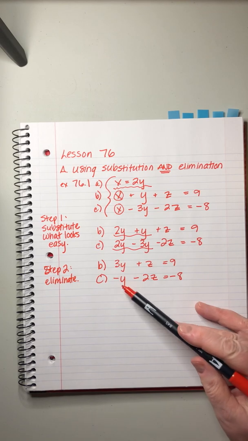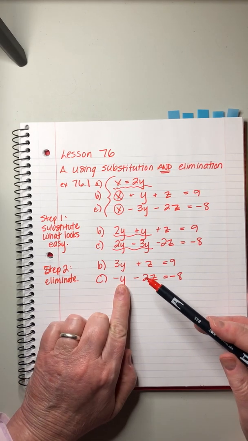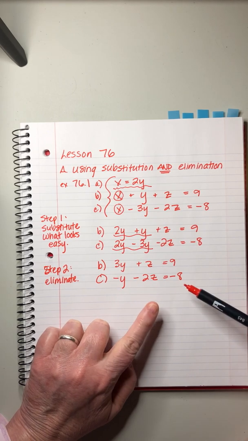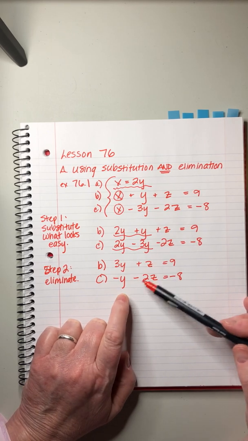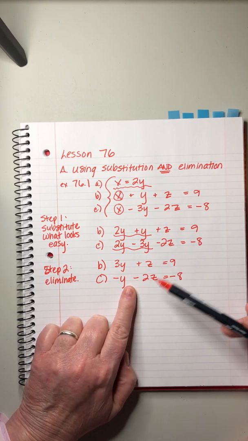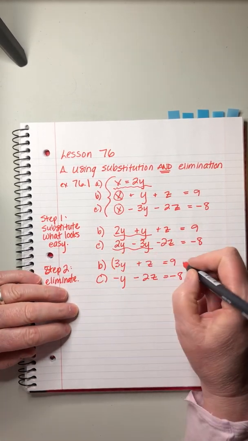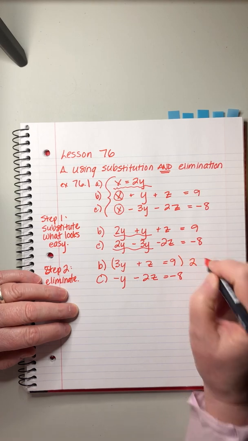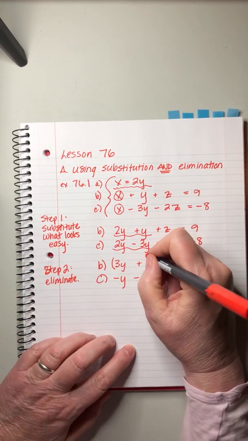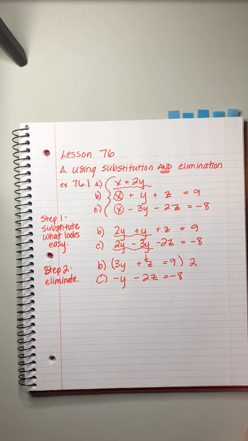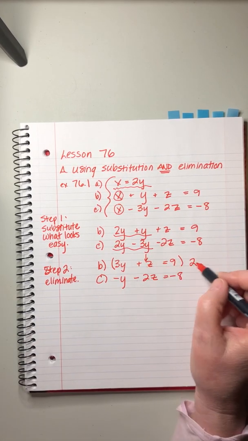We could technically rearrange this one because the y just has a negative coefficient. We could multiply everything by -1, and then we'd have to rearrange too, wouldn't we? And then substitute. But let's just eliminate. Let's just multiply this one by +2, and then the z's will cancel, right? We could have multiplied this one by 3. It doesn't really matter. But let's just do this.